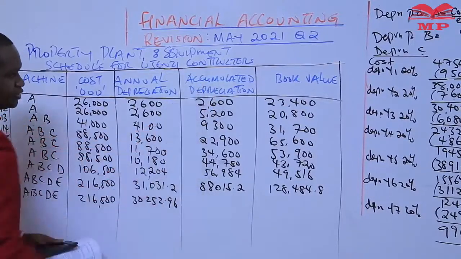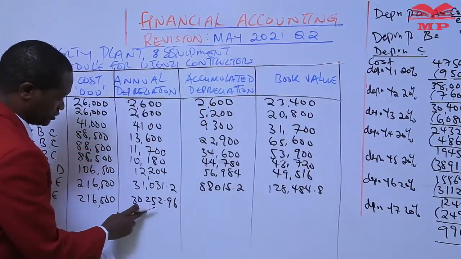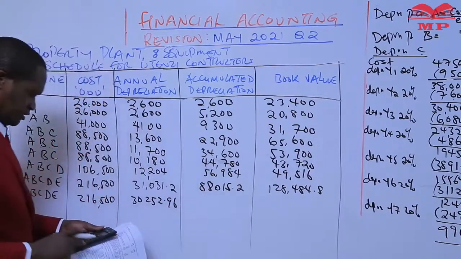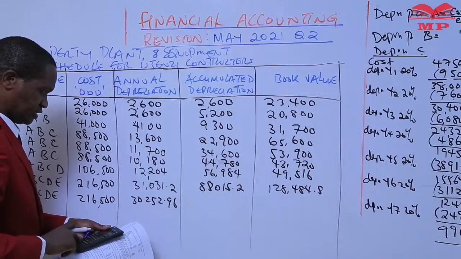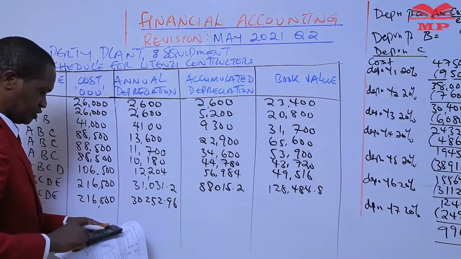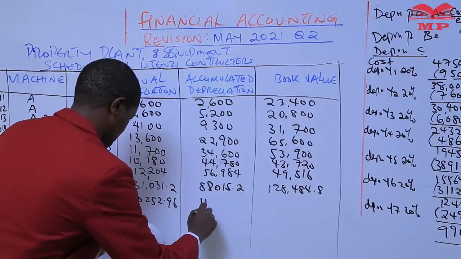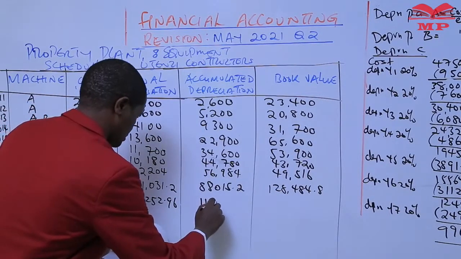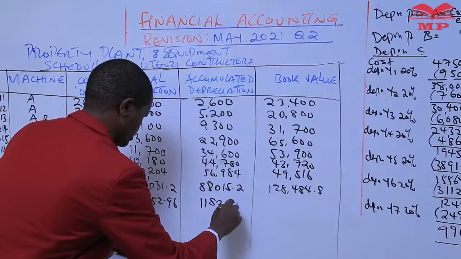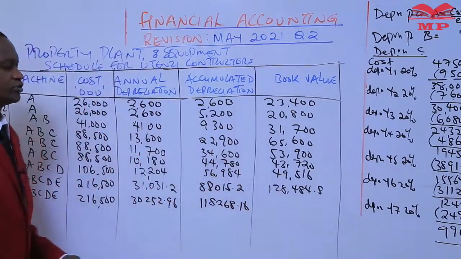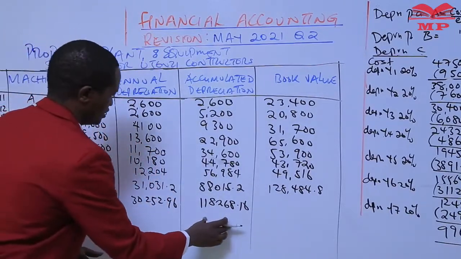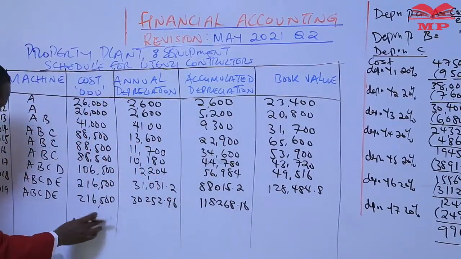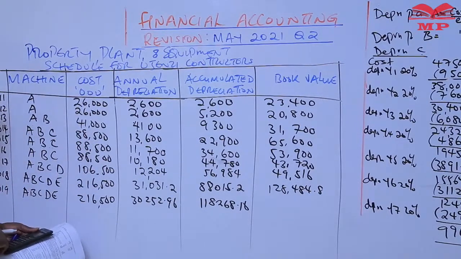So the annual depreciation here is 3252.96. Accumulated depreciation, I add this amount to the previous 880.15.2, and I get 11,268.16. Book value, I deduct this accumulated depreciation from the cost of 216,500.